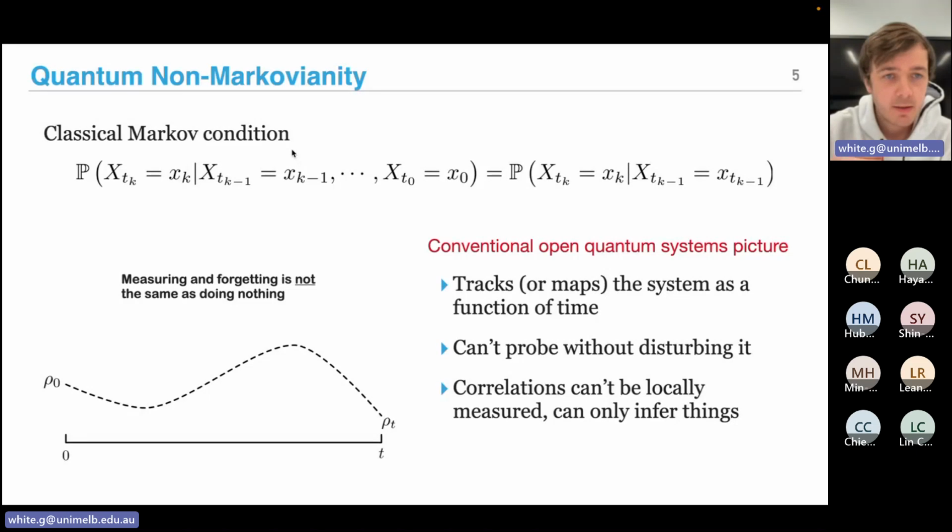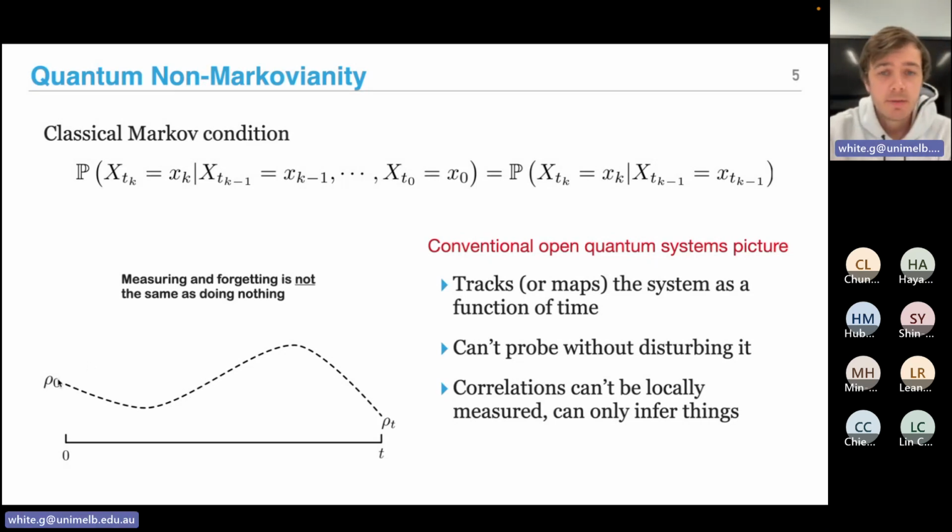So, classically, if you roll some dice, then seeing the outcome of those dice isn't going to actually influence the dynamics. But quantum mechanically, if you make a Z measurement versus an X measurement versus no measurement at all, then these are going to affect the future evolution of the system in very different ways, because you collapse your wave function.